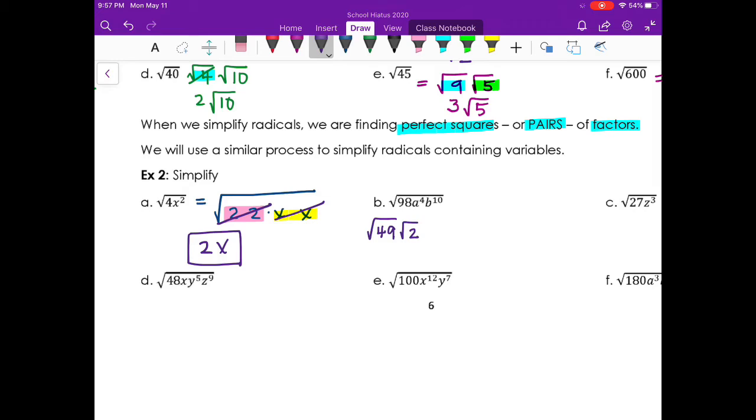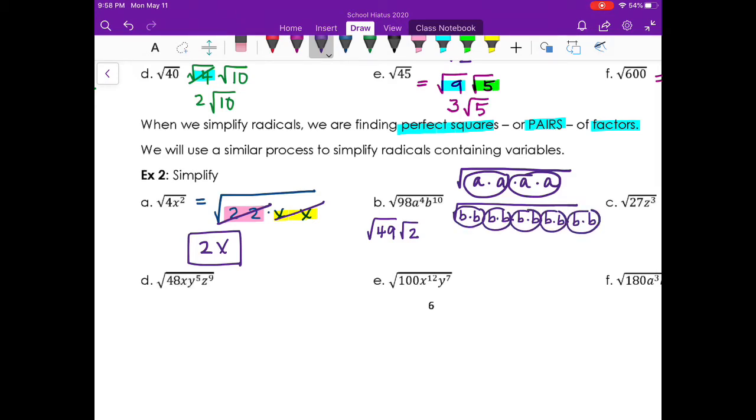Now let's take a look at the variables. The a's, I have a times a times a times a. This is 2 perfect square pairs. And then for the b's, we've got 10. There are 1, 2, 3, 4, 5 pairs. Here's how this will simplify. The perfect square, this is 7 times 7.